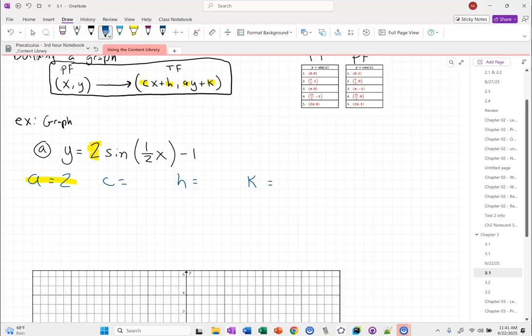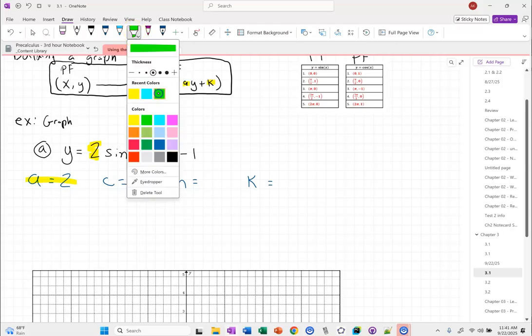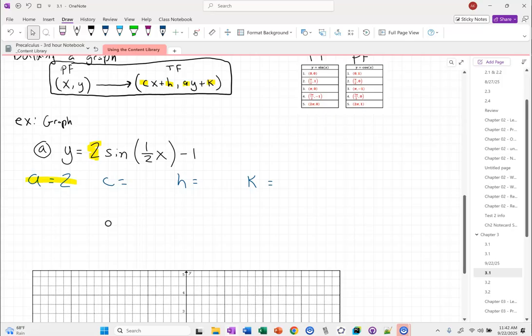Owen, can you tell me the C for this equation? Well, remember that this is the general form.